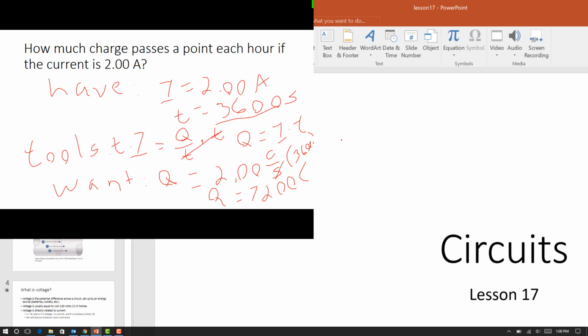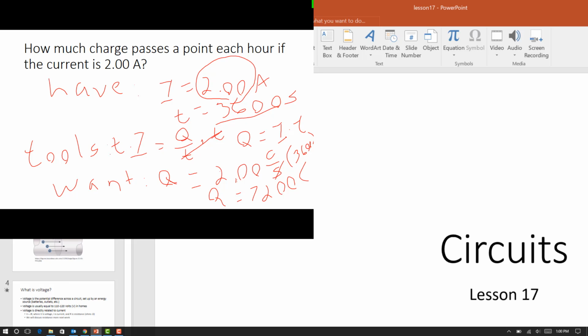Now this is a little bit interesting, significant figure-wise, because we only presented this with 2 significant figures, so that's fine. We can leave our answer like that. Although, technically speaking, since 1 hour equals exactly 3,600 seconds, that should not limit our number of significant figures. So technically we should present our answer with 3 significant figures like our current value had.